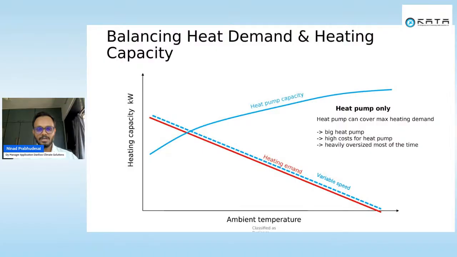There you can use that and optimize the size of the heat pump. Balancing the heat demand with the heating capacity is very important in avoiding your heat pump getting unnecessarily bigger, saving high cost and high working cost. So that has to be balanced.